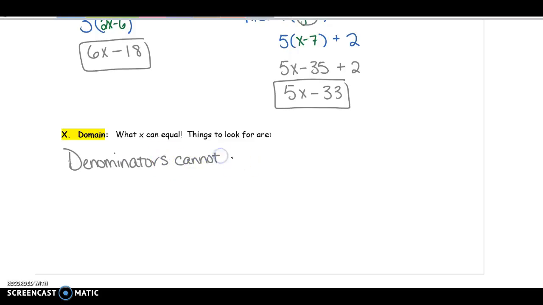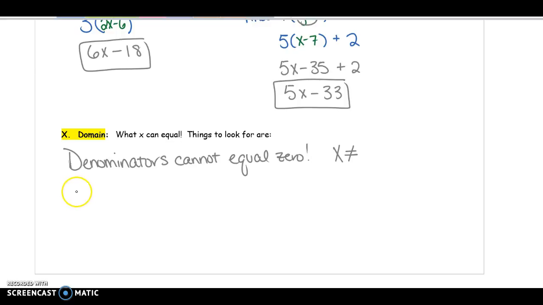A denominator cannot equal 0. So you may have to do some sort of restriction, like x cannot equal whatever number would make your denominator equal to 0. If your denominator is x minus 2, then x can't be positive 2.